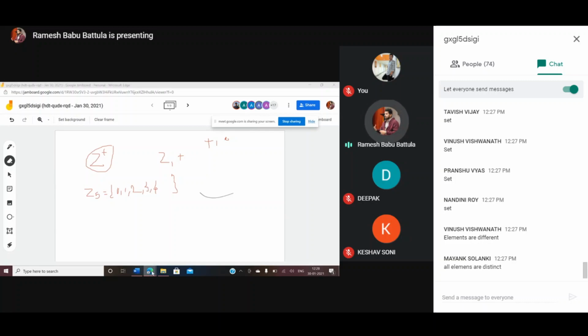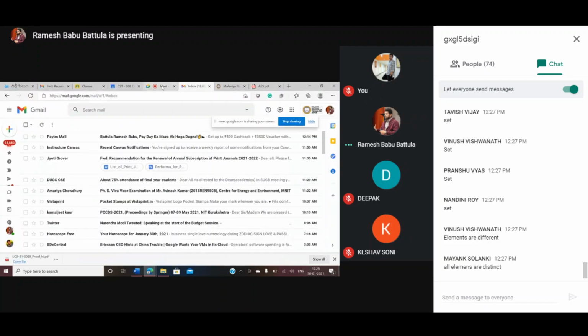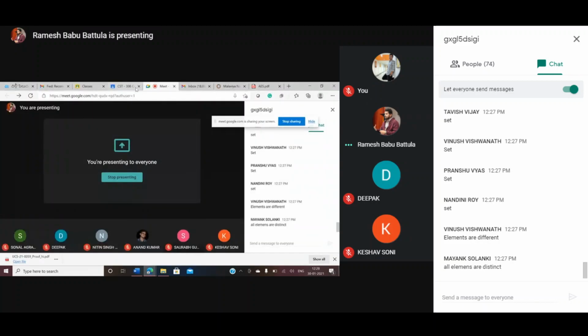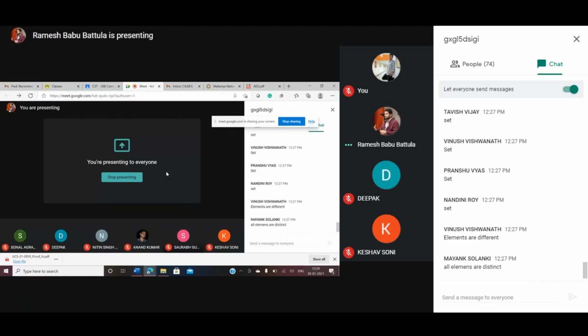Can Z5 generate all the values or not? It can generate all the elements. Say yes or no? Definitely yes.